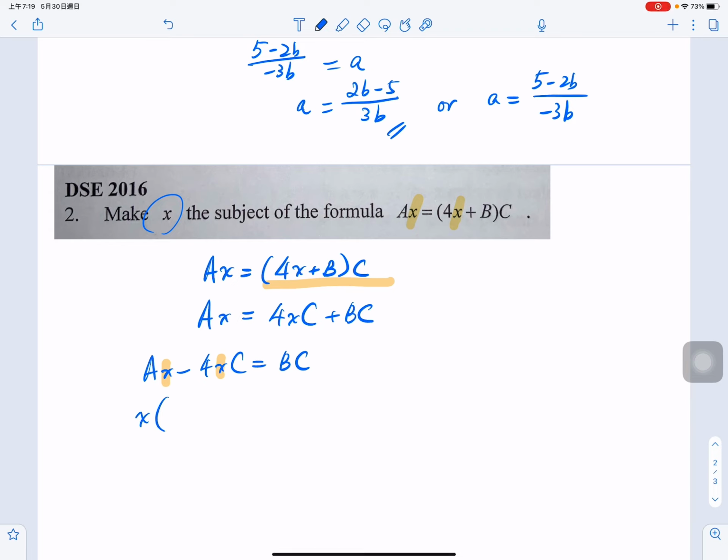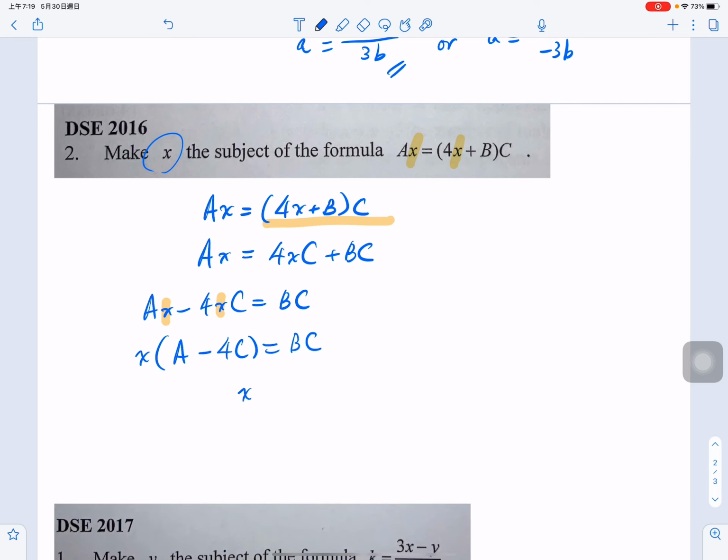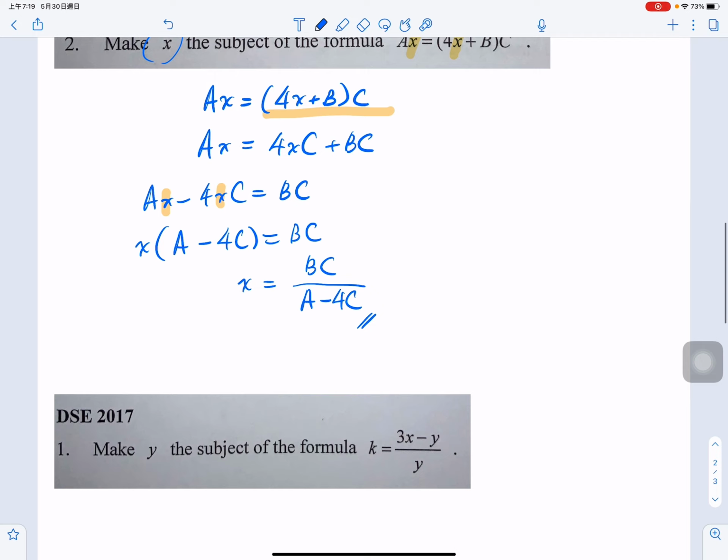So x times (a minus 4c), right? And this one easy. x equals bc over a minus 4c. This is the answer. Make x the subject of the formula. Understand? Okay, let's have a look at one more.